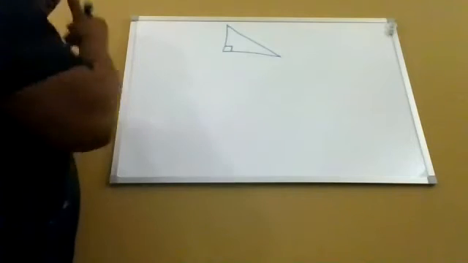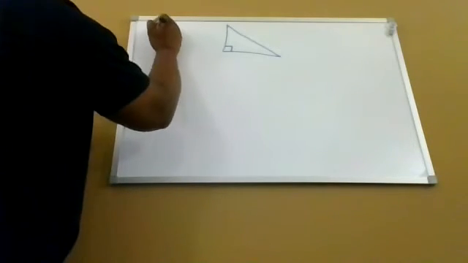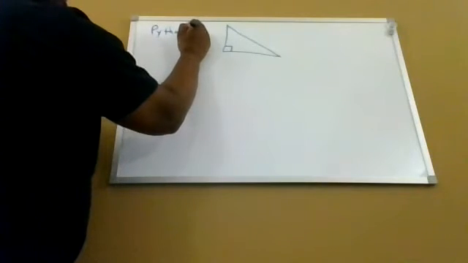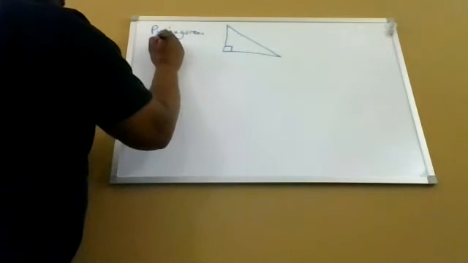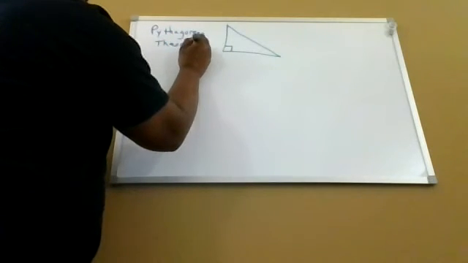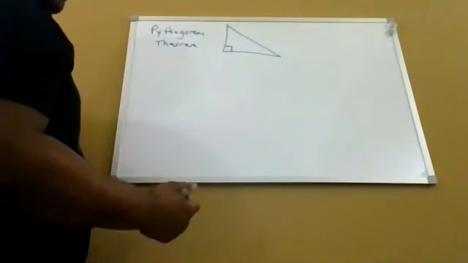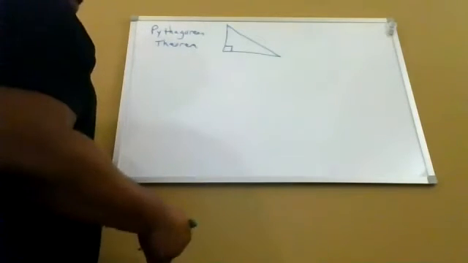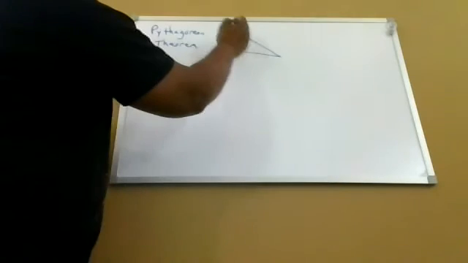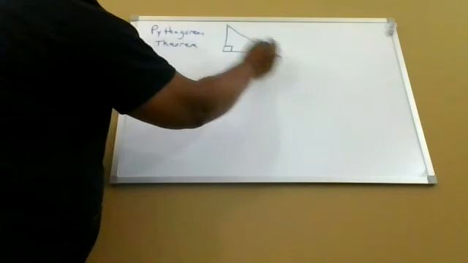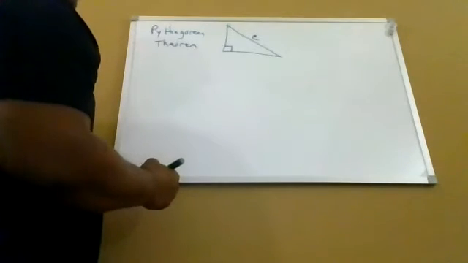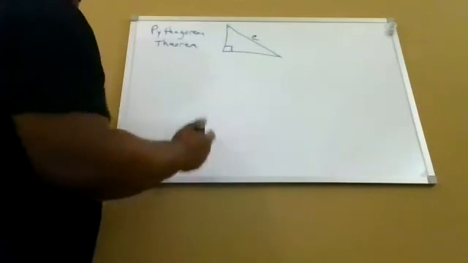But here's the key thing about Pythagorean theorem. With the triangle, tri means 3, so we have 3 parts to a triangle. You have this longest side here, and we want to call that side C. Then we have 2 legs.